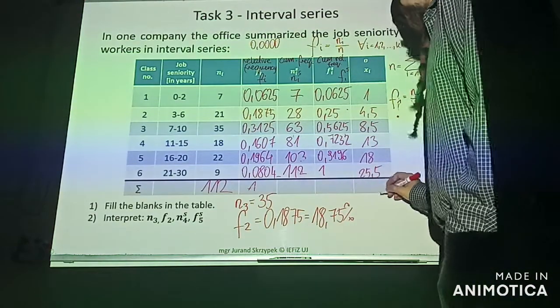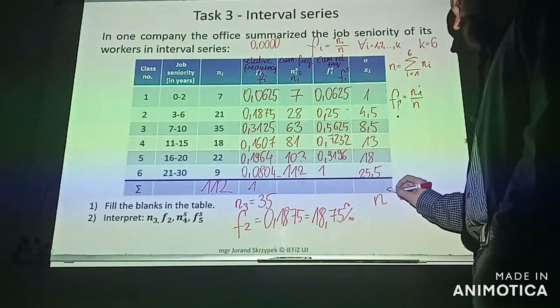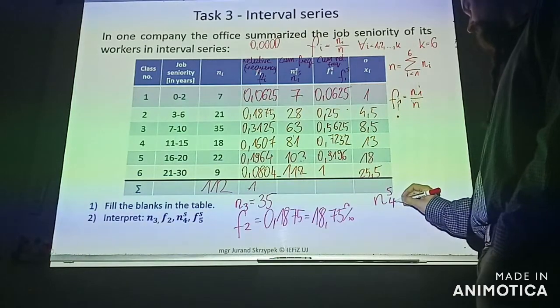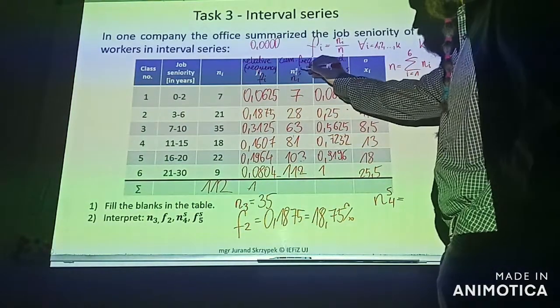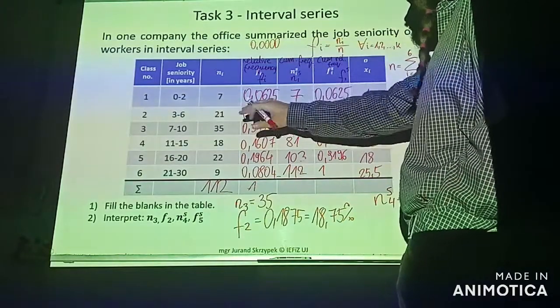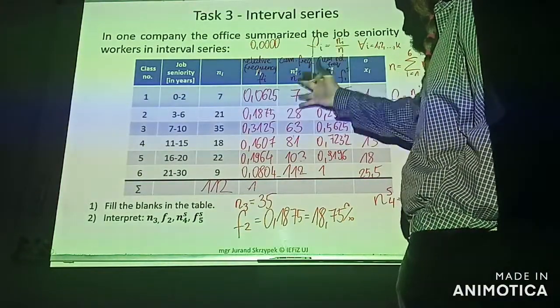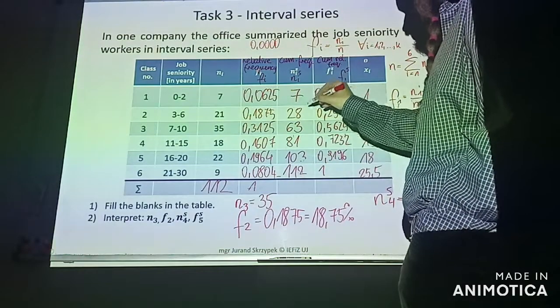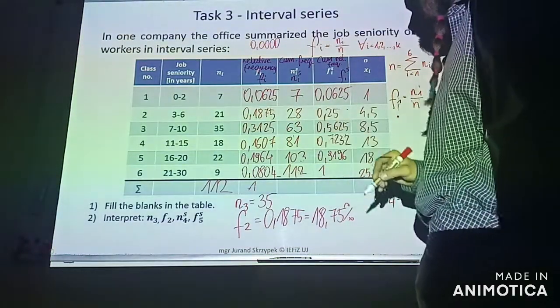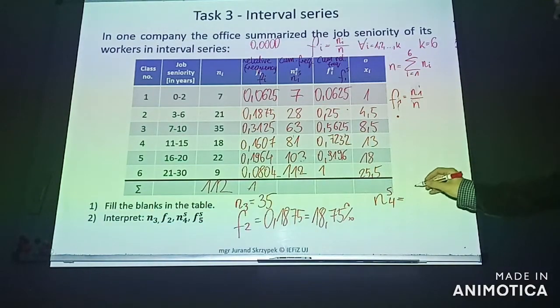Alright. Next category, fourth cumulative frequency. So we are looking for the column with cumulative frequencies, and we choose the fourth value, which is 81. What does it mean?